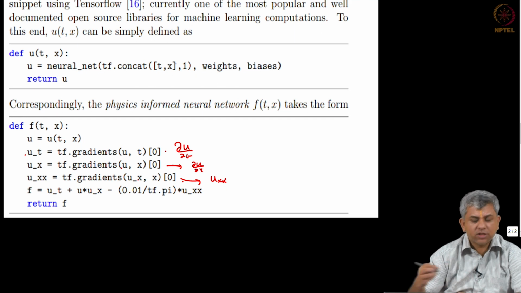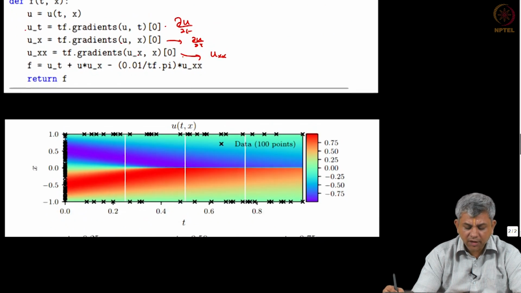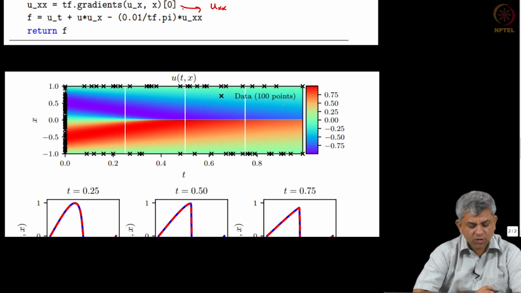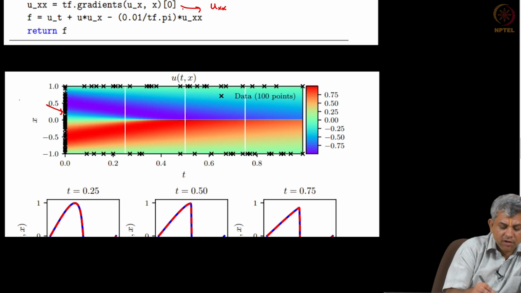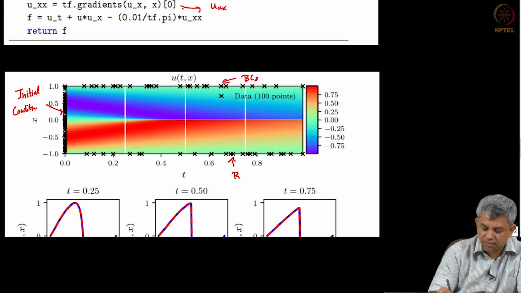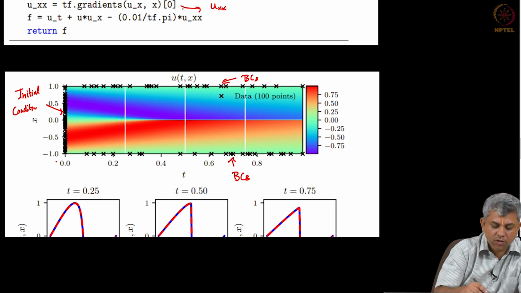Okay. So, once you do that, here are the solutions, here is the contour of u. Okay. So, here you see, here is where they have given the initial condition, these are boundary conditions here, okay, minus 1 to 1.